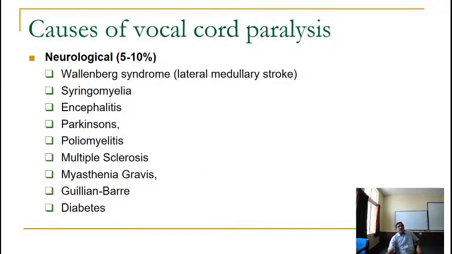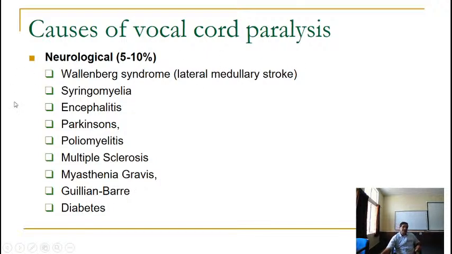Now there are various other conditions that are described, like the neurological conditions, the various central nervous system degenerating conditions, like Wallenberg syndrome, syringomyelia, encephalitis, Parkinson's, poliomyelitis, multiple sclerosis, myasthenia gravis, Guillain-Barré, and diabetes.